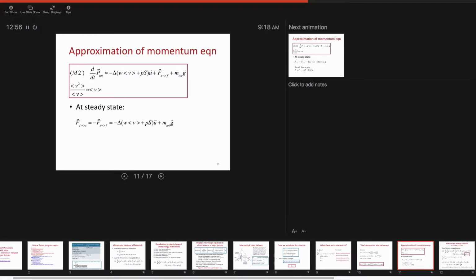Okay. At steady state, I'm going to have that basically this side is 0. So basically I can equate this and express the force on solids and fluids as the same as the negative force of the fluid on the solid, and this is something that we can typically calculate from the equations.